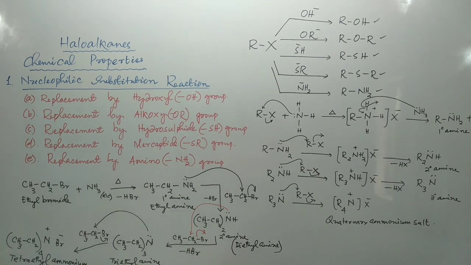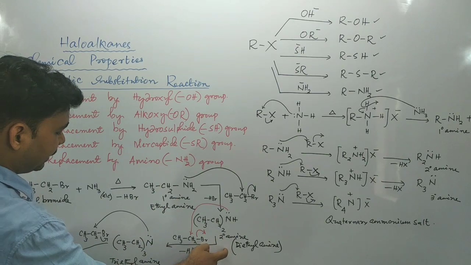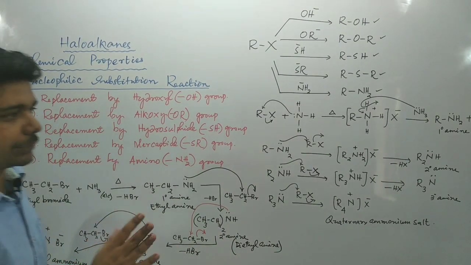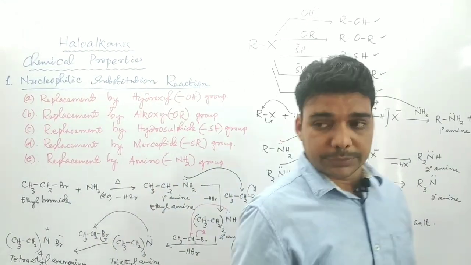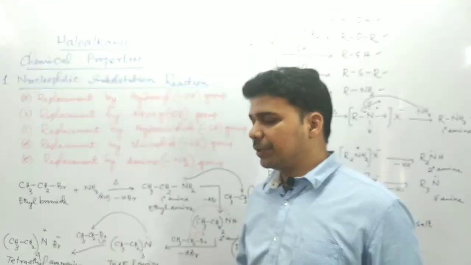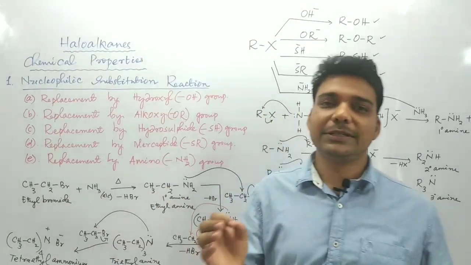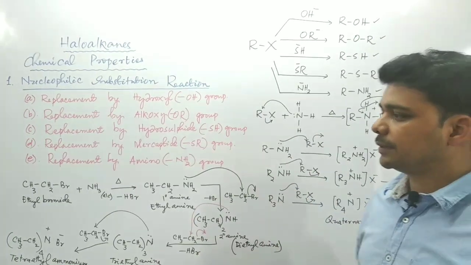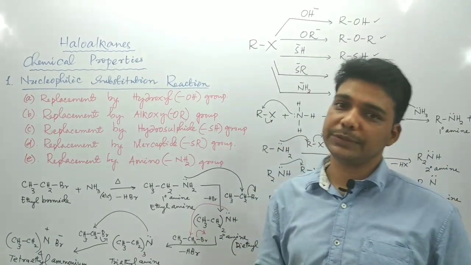So in this way, we are getting a mixture of primary amine, secondary amine, tertiary amine, and quaternary ammonium salt in this reaction. All these components present in that mixture are to be separated by fractional distillation. And this overall process is called Hofmann ammonolysis.